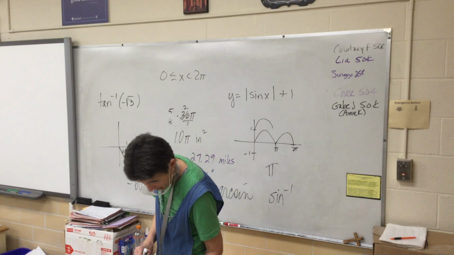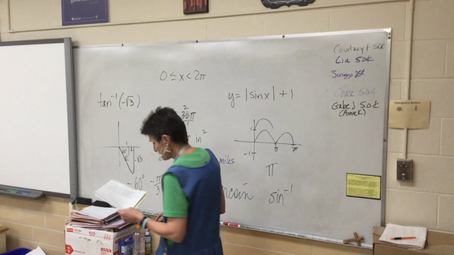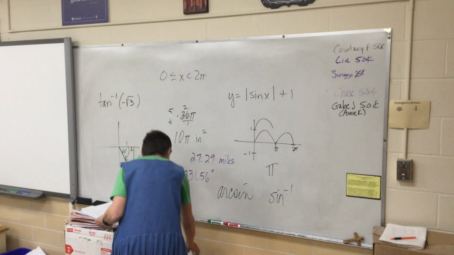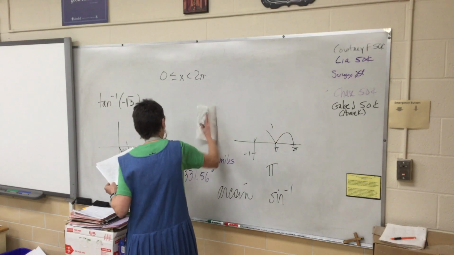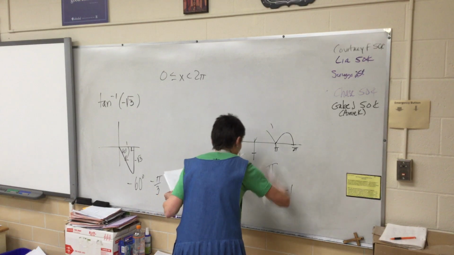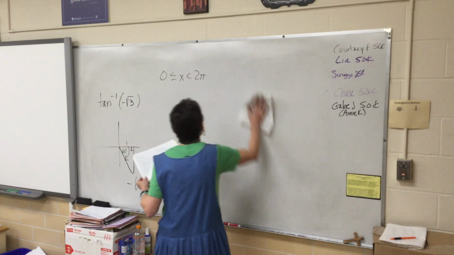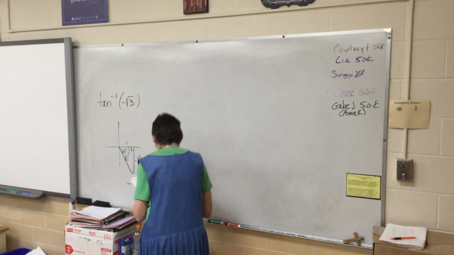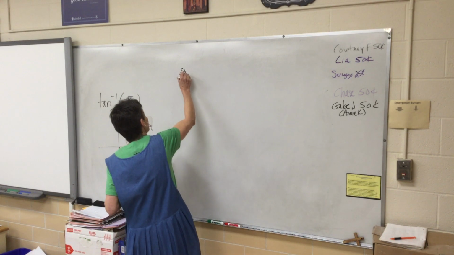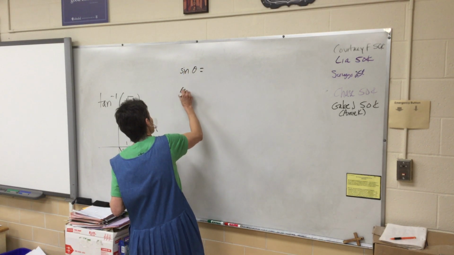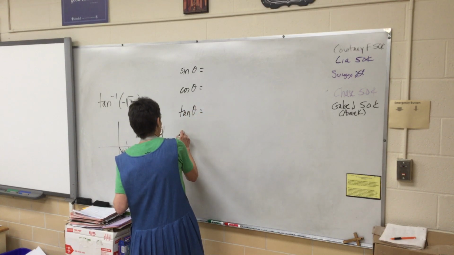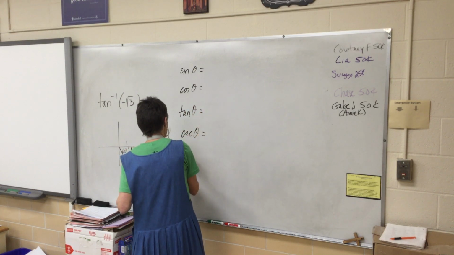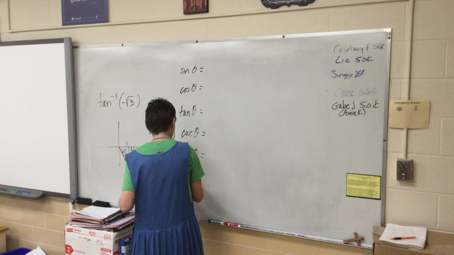Your number 8. If the sine is this and that, find the value. Okay, this is one of those where you have to fill in the whole list. So we have to fill in sine, cosine, tangent, cosecant, secant, and cotangent.